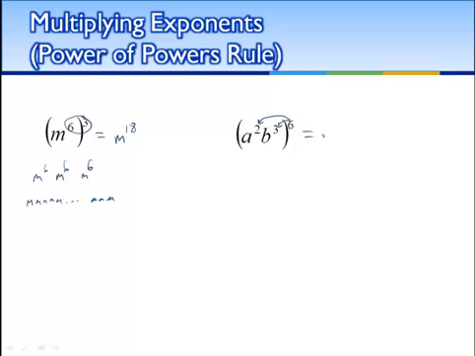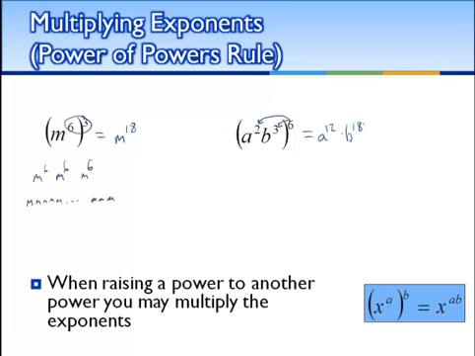That works out to a to the 12th power times b to the 18th power. In general, when you're raising a power to another power, you can multiply these exponents when you're working across the parenthesis. So x to the a raised to the b power gives us x to the ab.